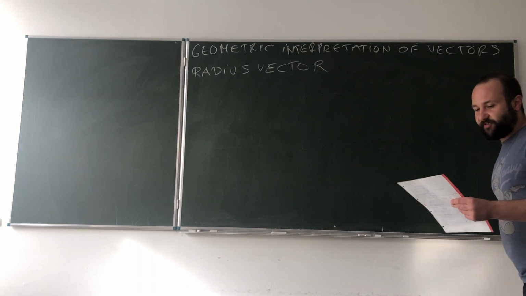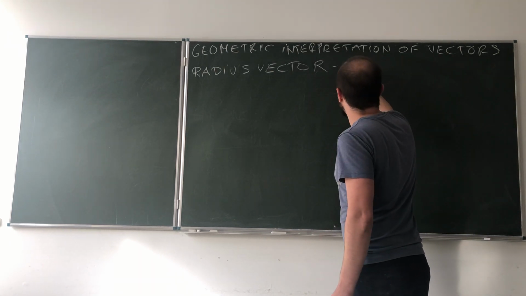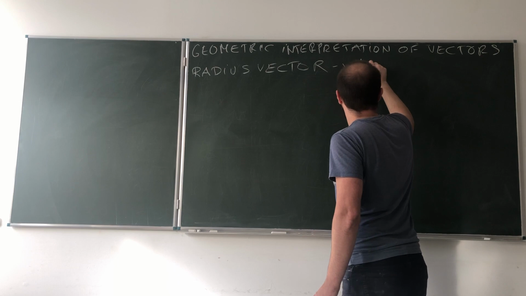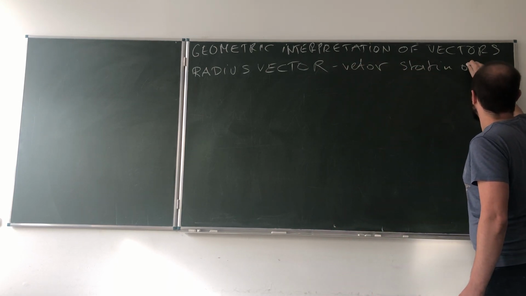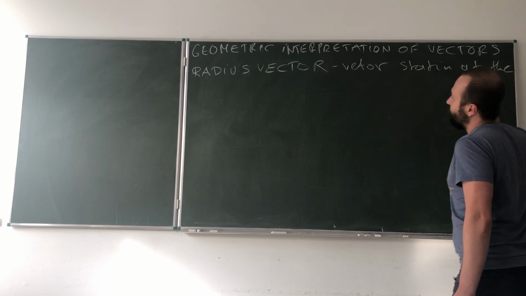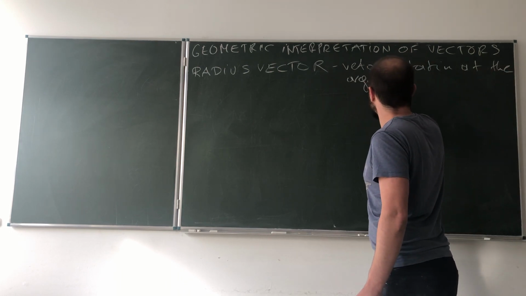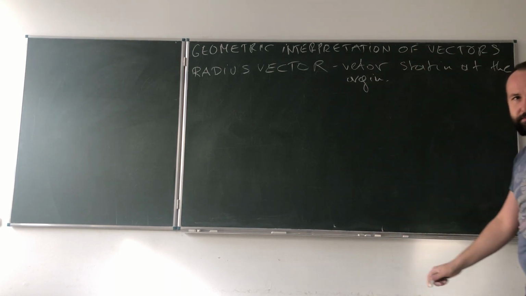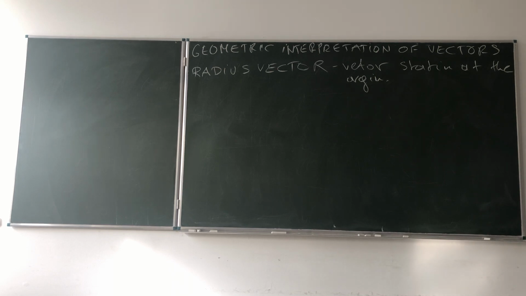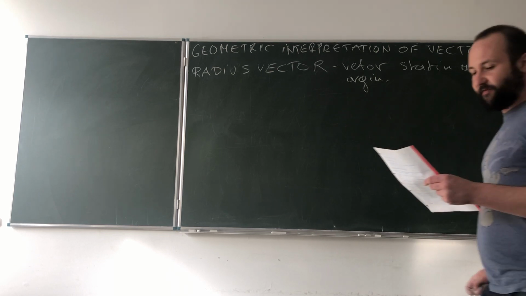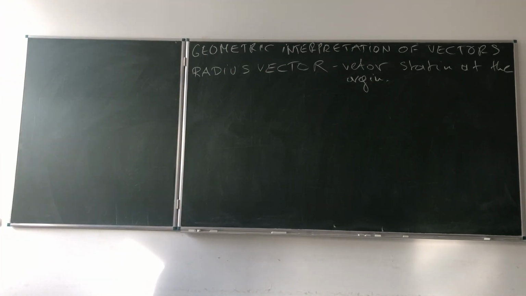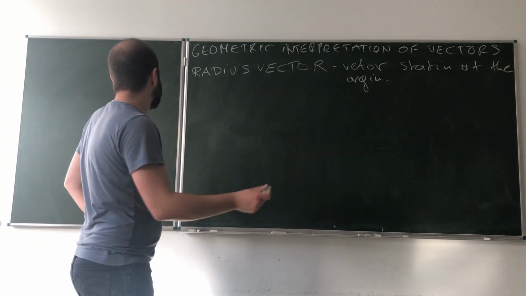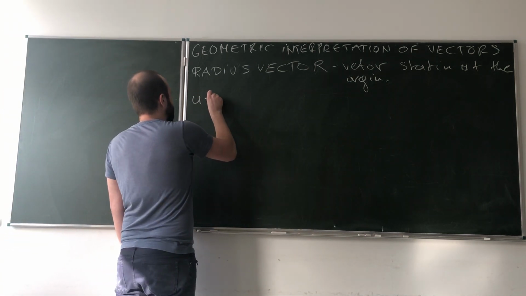So, radius vector is simply a vector starting at the origin in Cartesian coordinate space. Okay, those are the vectors we will be dealing with.